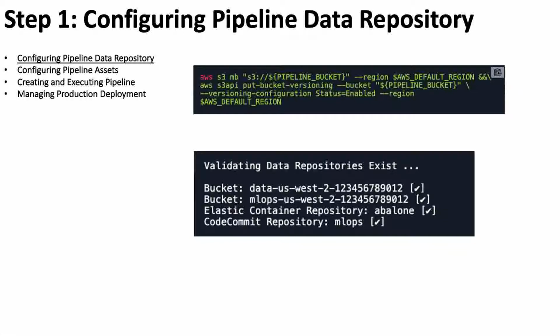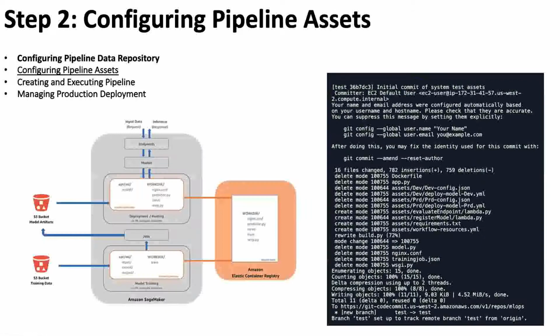So first we create a repository, and that's here. And the next step, step 2, is we're going to have the assets. When we say assets, that means the code and the components themselves. So let me be more specific. What do I mean by assets? The assets can be ETL assets. The ETL assets can be the Python code to do the feature engineering, to split the raw data.